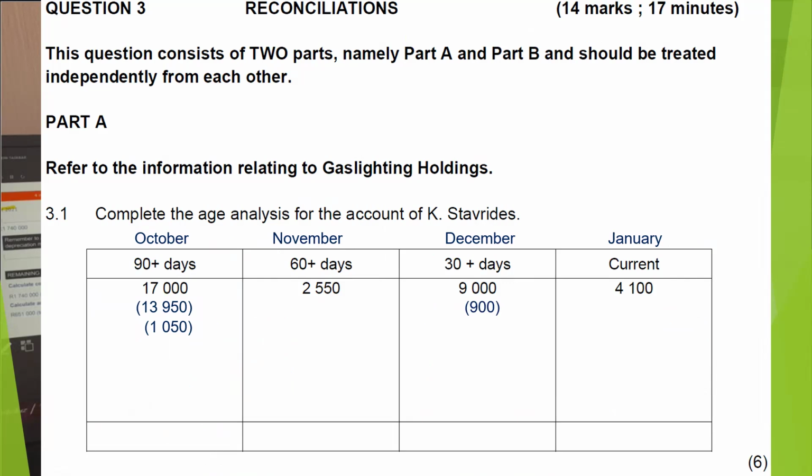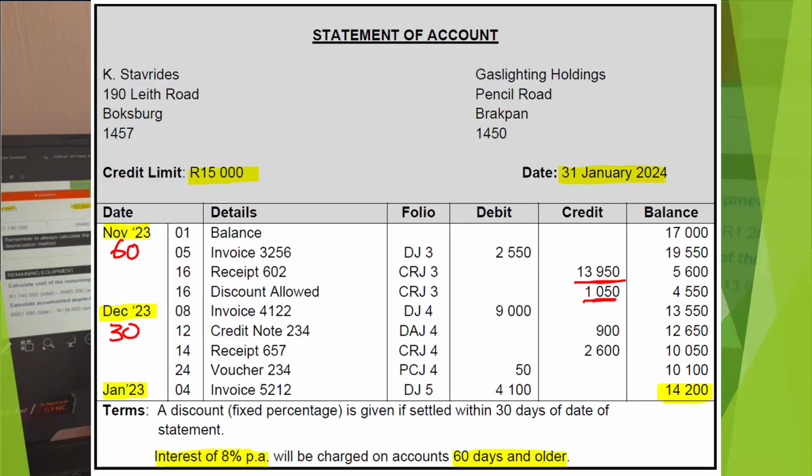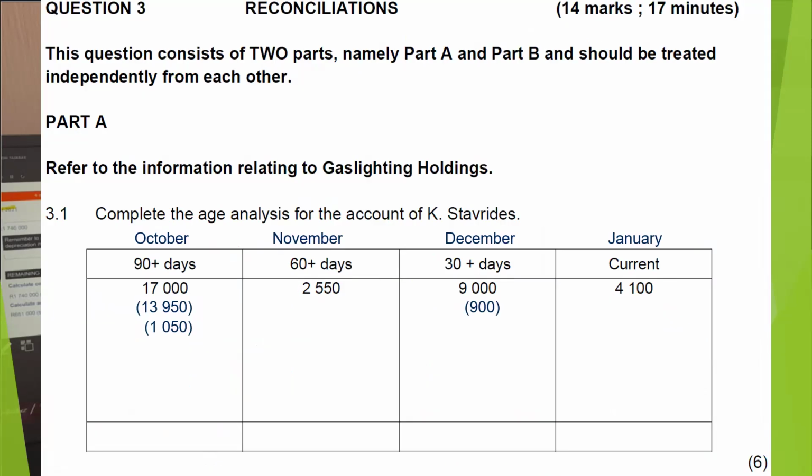Okay. And then we've got a receipt for 2,600 that goes to the oldest debt again. Now, before I can even calculate how much will go to the oldest debt, all I'm going to do is balance it out first, okay? Simply balance it out first and check how much you owe in October and only allocate what you owe to October.